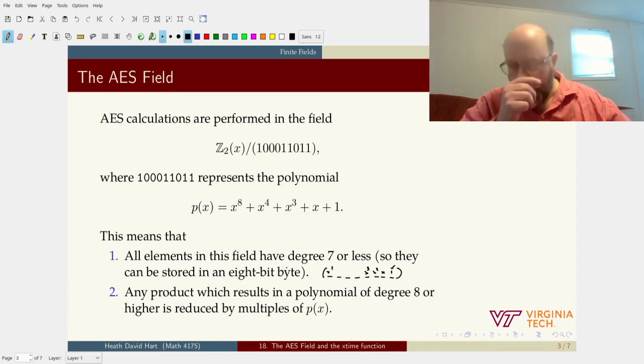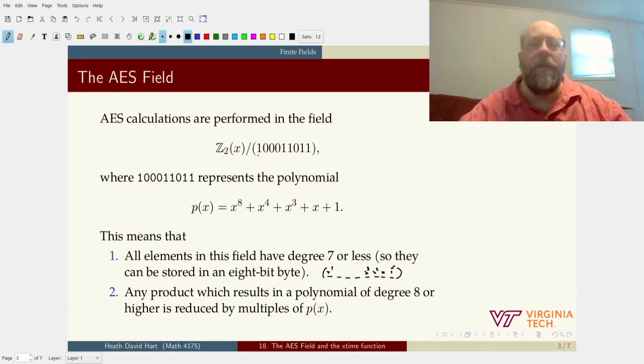So Phipps chose this polynomial in order that the elements will be storable inside an 8-bit byte.